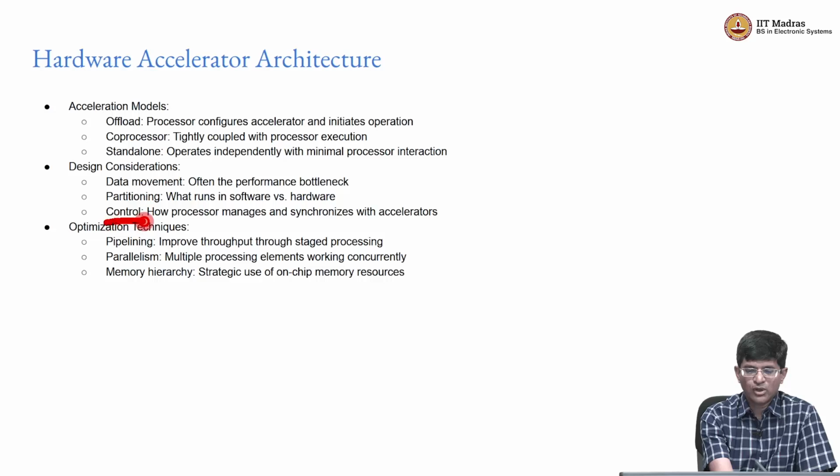And now of course you also have the problem of control. How does the processor actually manage and initiate the accelerator computation? How does it wait for interrupts, or is there some other way by which it checks whether the accelerator has finished computation, and so on. And all the optimization techniques that we discussed earlier can be applied in order to get better accelerator architectures.